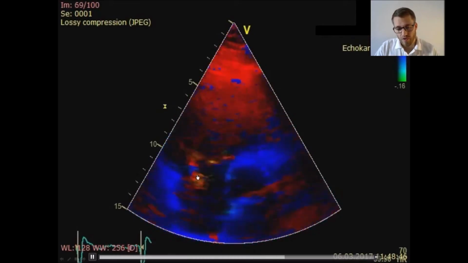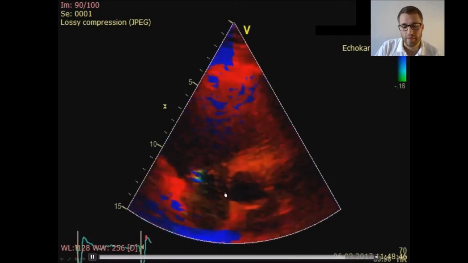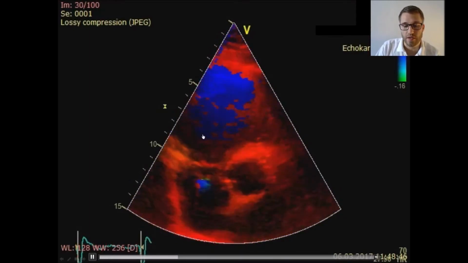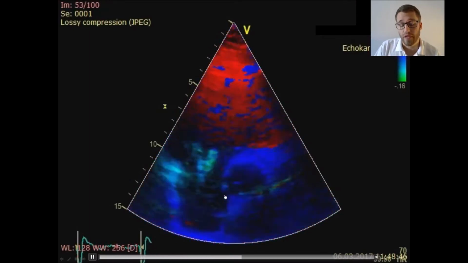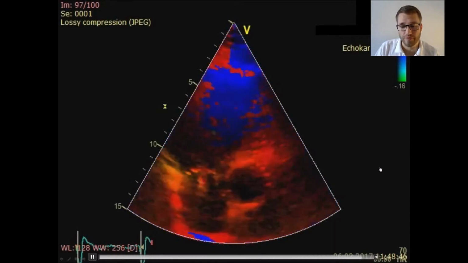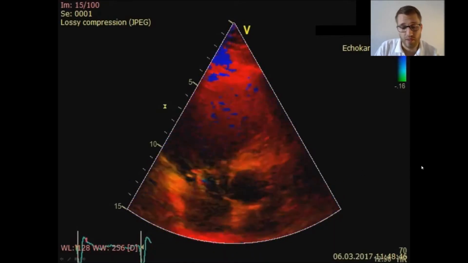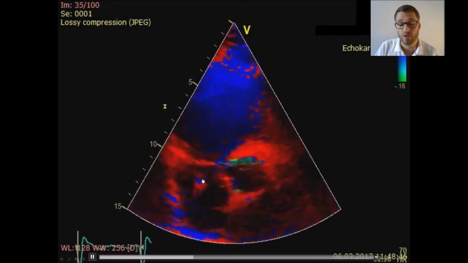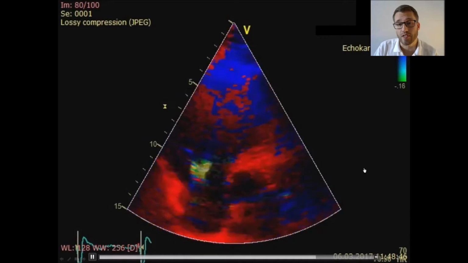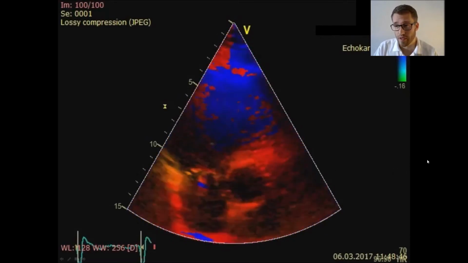Through this opening of the pocket the bacteria came into the pocket and into the leads and caused this horrible infection with a high risk and danger for the patient. Some parts of this vegetation got loose and caused a pulmonary embolism. That was why the patient presented to the emergency department.